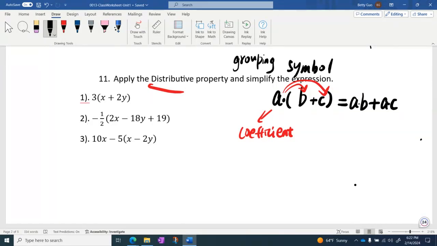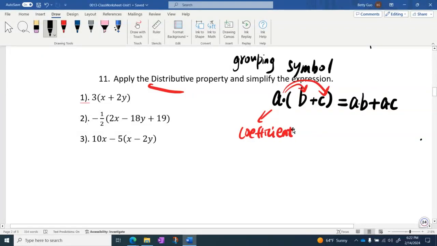When we apply distributive property, we distribute the coefficient of the group to each member in the group. Those members are terms in a group. You can maybe see the coefficient as, let's say, a benefit. The benefit is applied to the group on the left side.